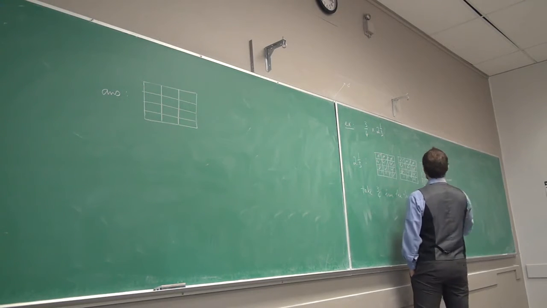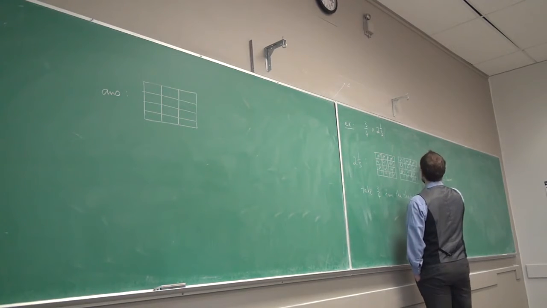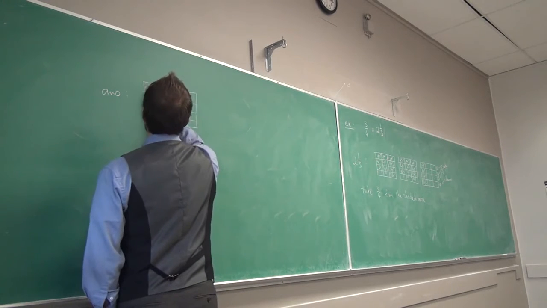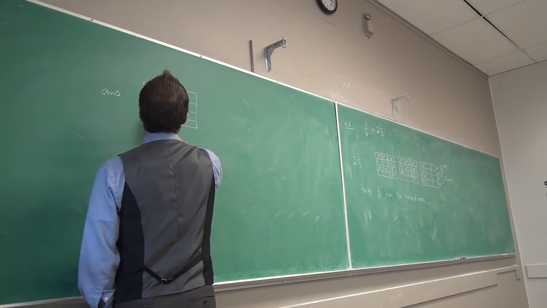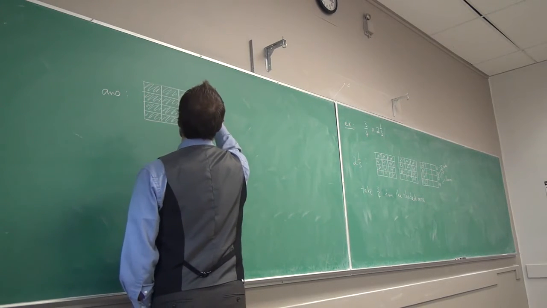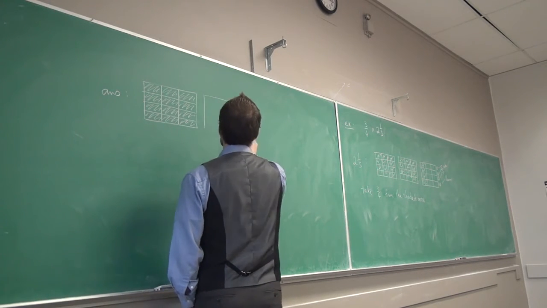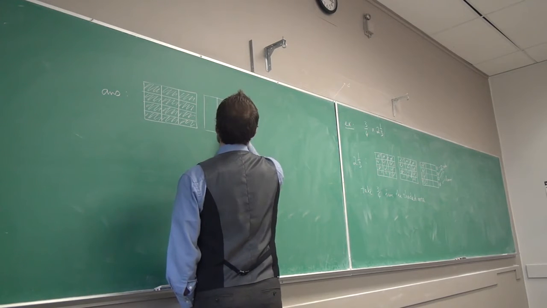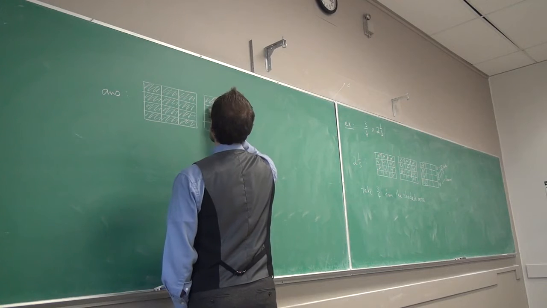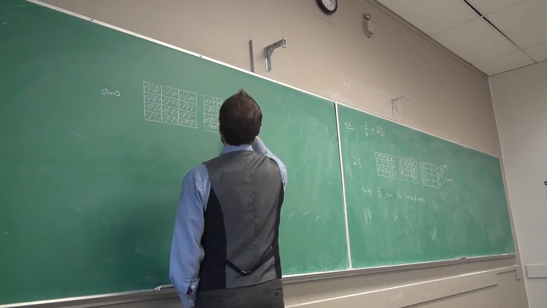So how many do I have? 1, 2, 3, 4, 5, 6, 7, 8, 9, 10, 11, 12, 13, 21. All right. 1, 2, 3, 4, 5, 6, 7, 8, 9, 10, 11, 12. Oh, I need another rectangle. 12, 13, 14, 15, 16, 17, 18, 19, 20, 21.